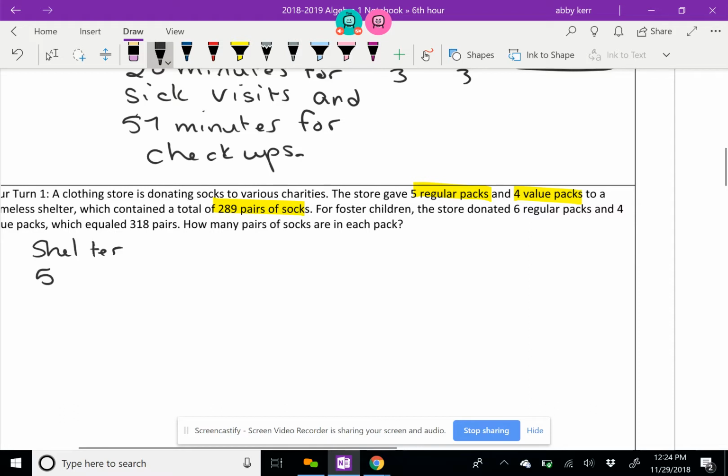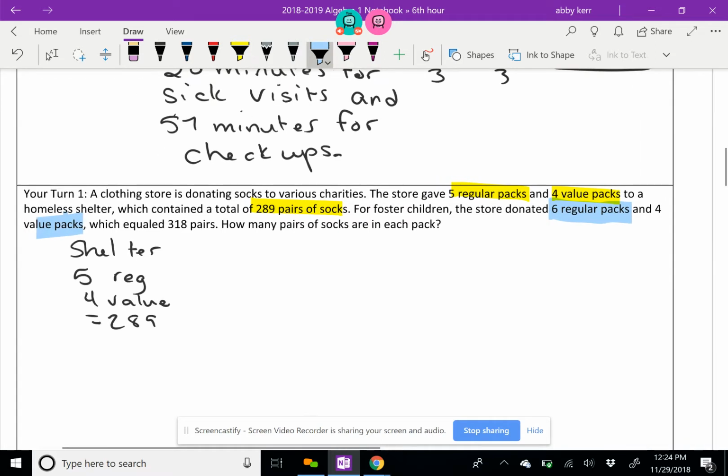So we're going to have 5 regular, 4 value, total of 289. And then in our second equation, we're going to talk about foster care. So 6 regular packs of socks, 4 value packs, which had 318 total.